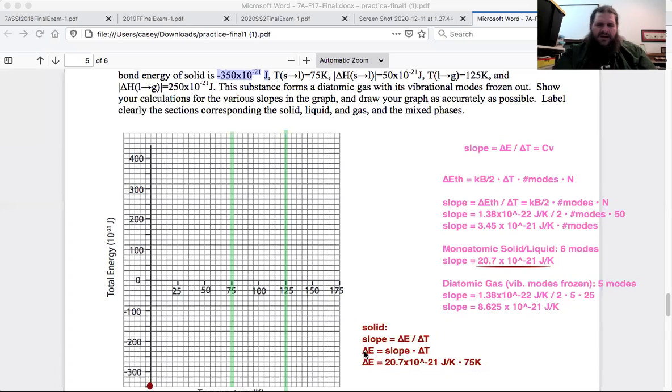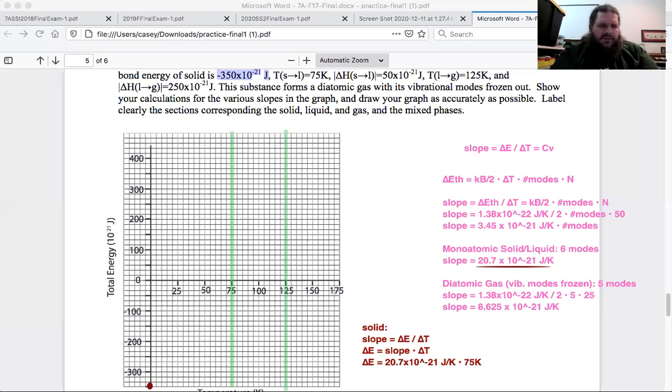it seems kind of high. Because I'm getting about 1500 and we're not going to have room for that on the graph.